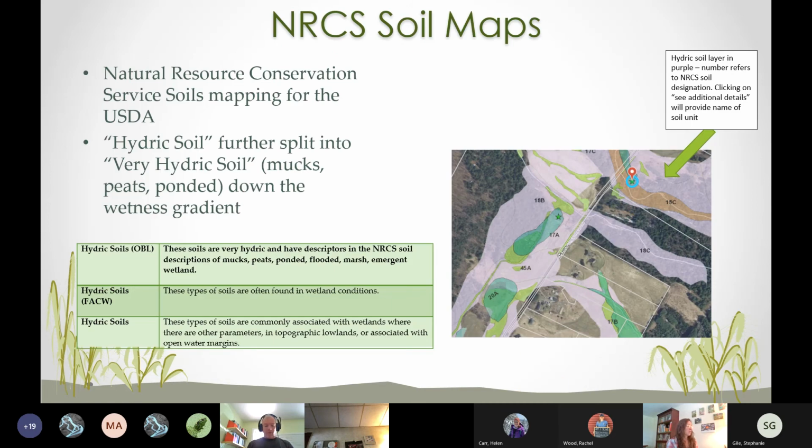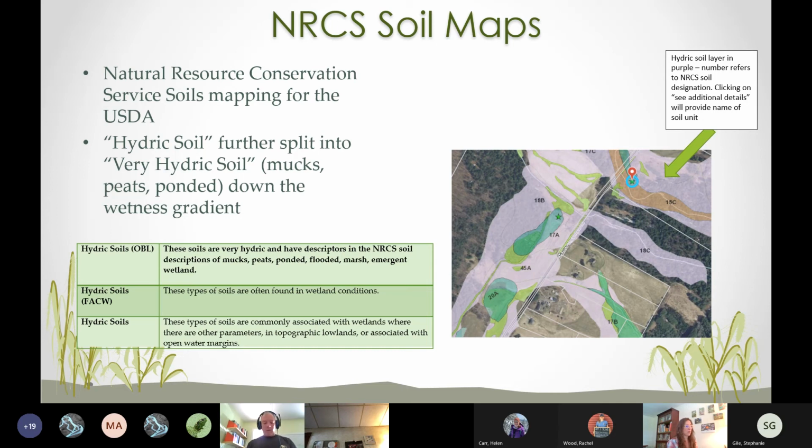The other product that has always been out there and is still out there is the NRCS soil maps. The Natural Resources Conservation Soils mapping is for the USDA, so it's a very agriculturally oriented product. The level of detail of mapping tends to be greater in agricultural areas.